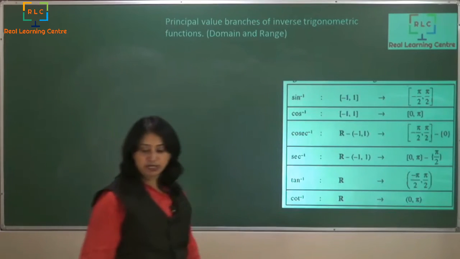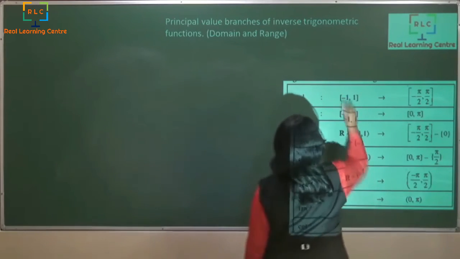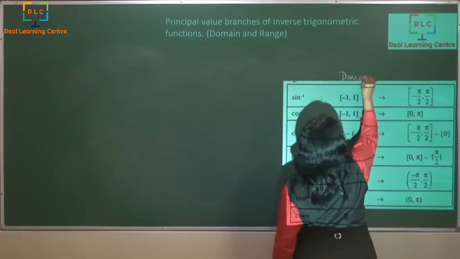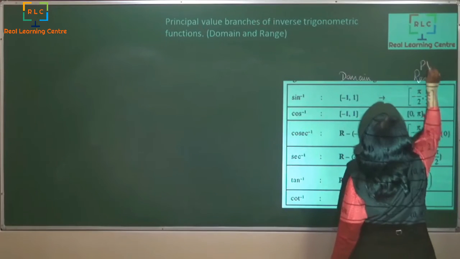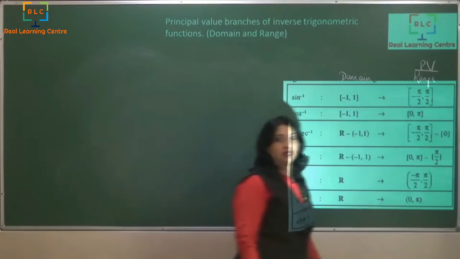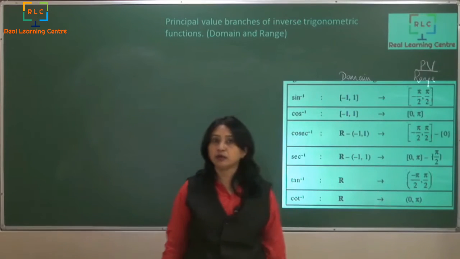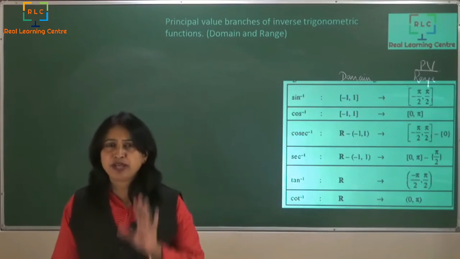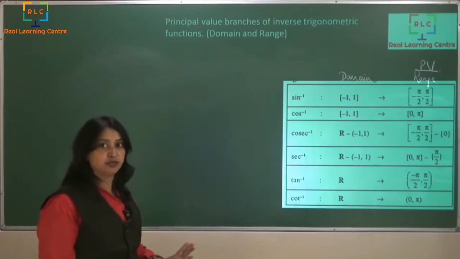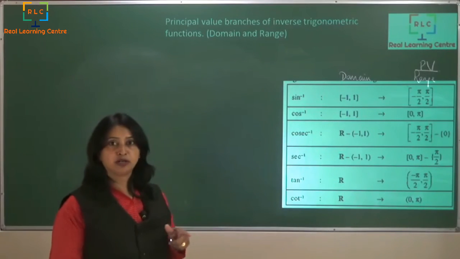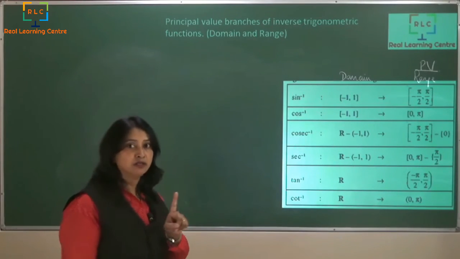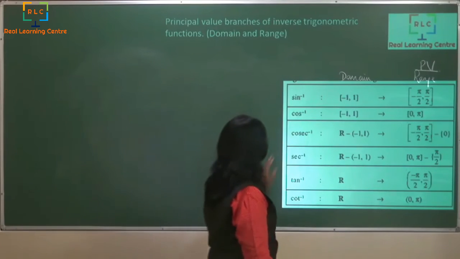So this is our domain and this is our range, or we call it principal value, PV. Range is also called principal value, and this forms a very important part for a JEE objective question. One question will come on this, and this is also an integral part of your board examination paper for 1 mark. Very important.